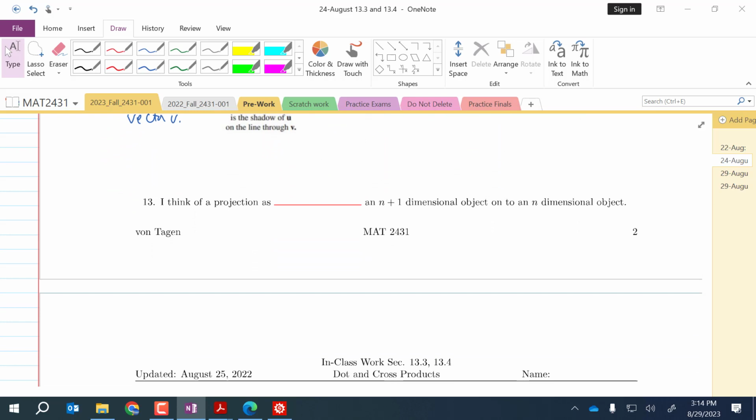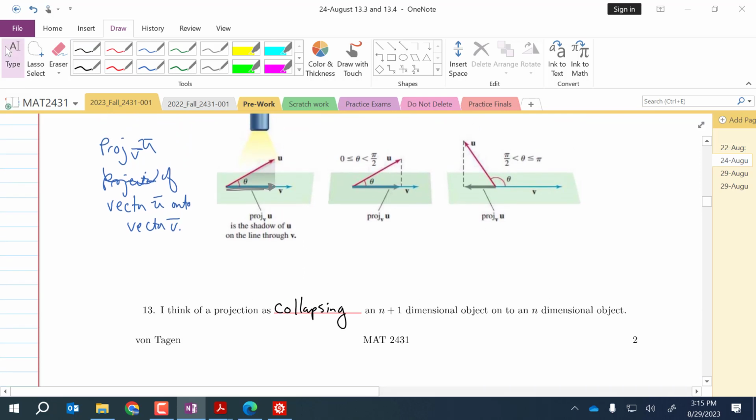I think of a projection as collapsing an n plus one dimensional object onto an n dimensional object. One way to think about that is this vector u lived where?